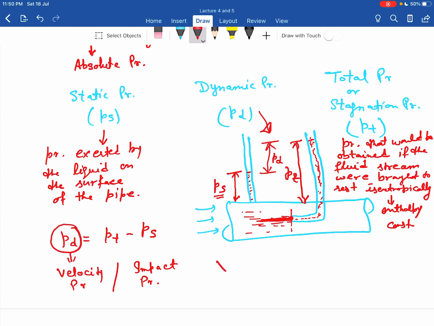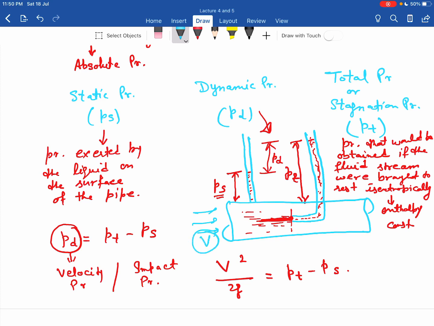We also write it as V squared divided by 2G, which is equal to PT minus PS. Here V is the velocity of the flowing fluid.